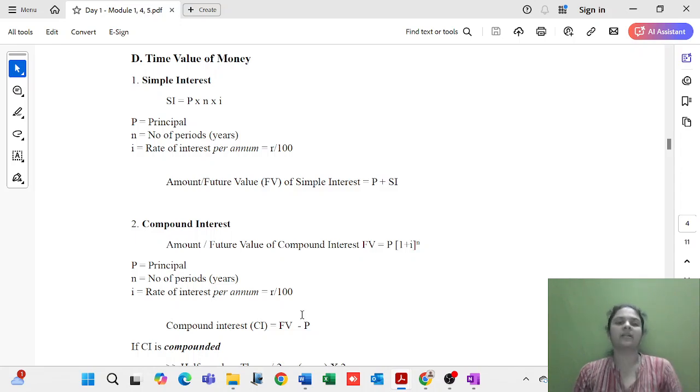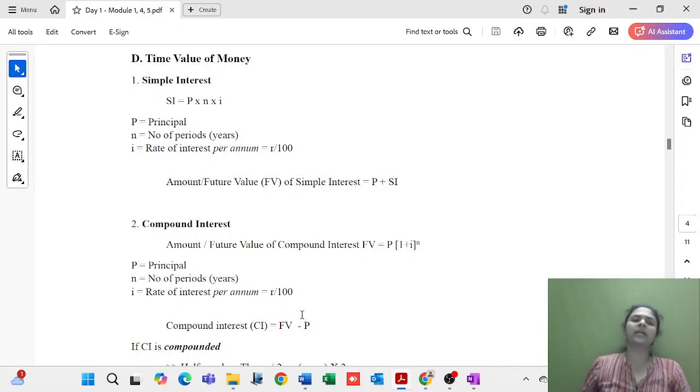Again, formula driven chapter. Completely formula based chapter, and questions can be in any manner. You have to be very careful in reading the question with its terms. Even if you misread one term, your answer will go wrong, so you have to be very careful in this particular chapter. So that said, can we start with the formulas with respect to this chapter?